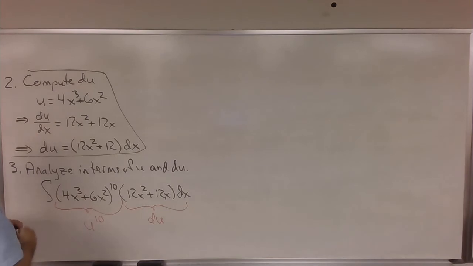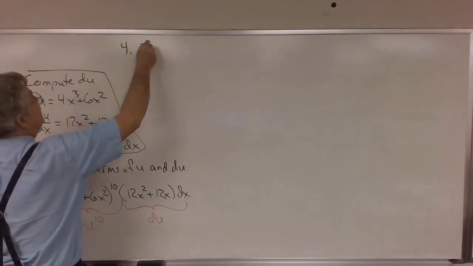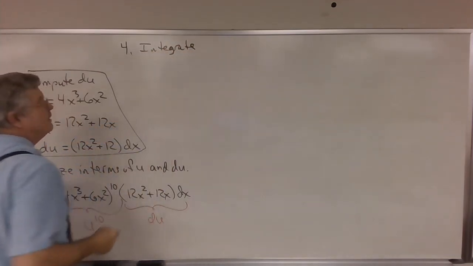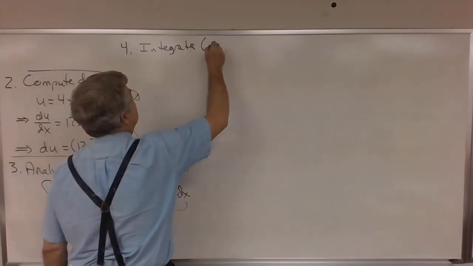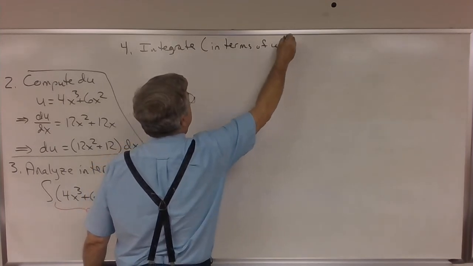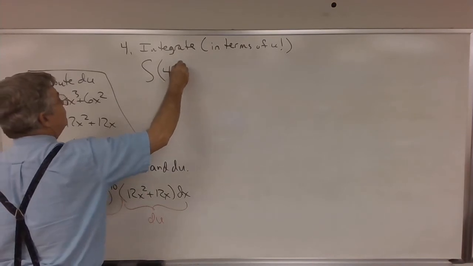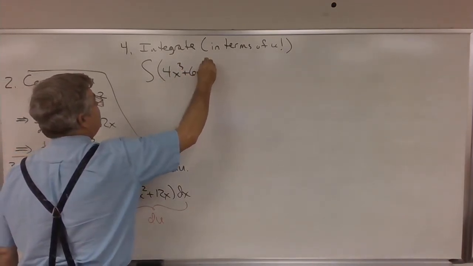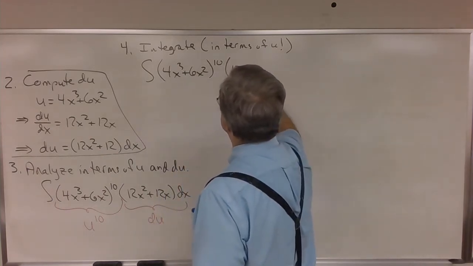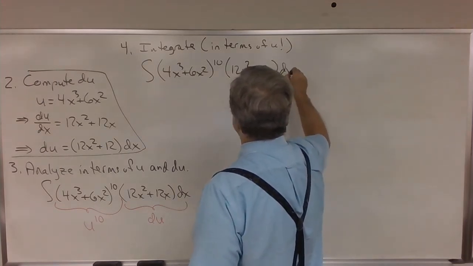So now we go to step 4. Integrate or anti-differentiate in terms of u. So we have the integral of 4x cubed plus 6x squared to the 10th times 12x squared plus 12x dx.